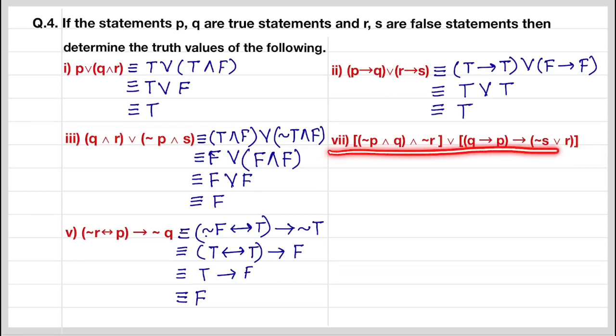Last one. Example number 7. Same method, just substitute the corresponding truth values. The first statement is P. It is a true statement. Again Q. It is also true. R is false. We have to keep the corresponding logical connectives as they are.